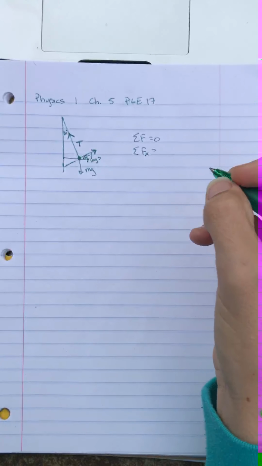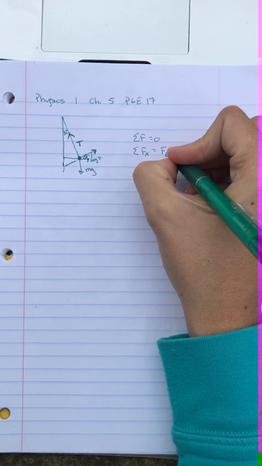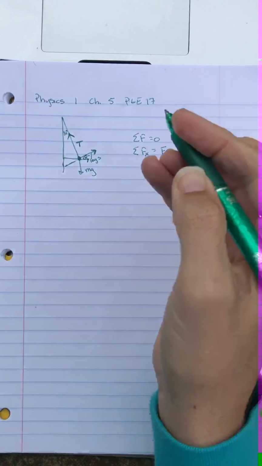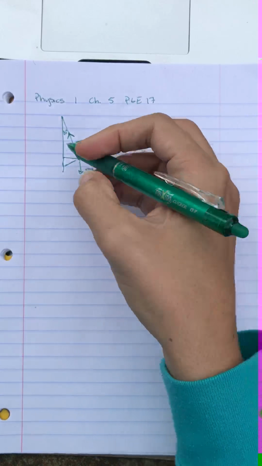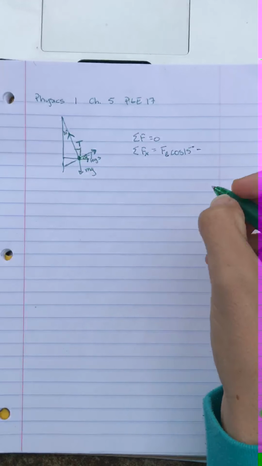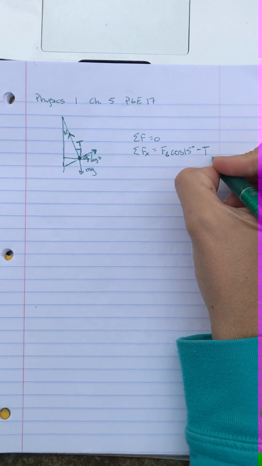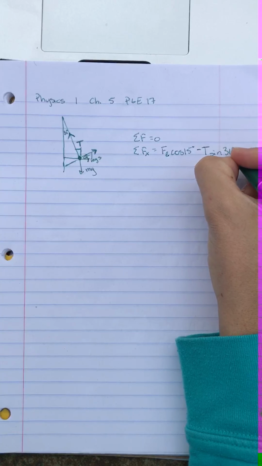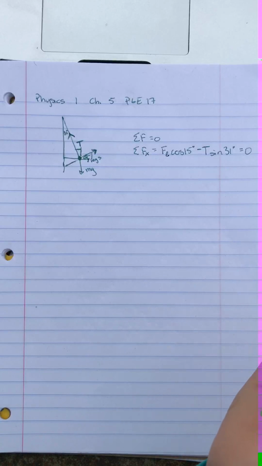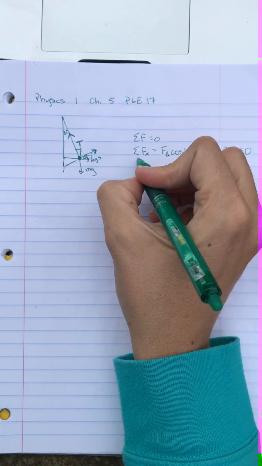That's going to be our adjacent for the legs, so the force of the legs times cosine of 15 degrees minus the tension, which is going to be the opposite component. So it's going to be tension times sine of 31 degrees. And we know that this is going to equal 0, right? Because the net force is zero in both directions. We have no motion happening in either direction.